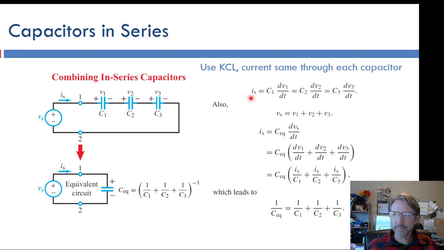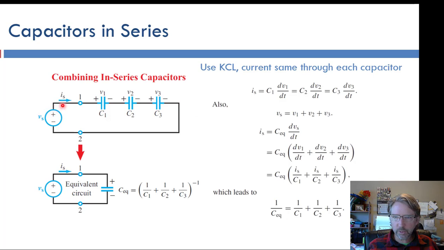And so IS is here, and I is C dV/dt. They each have a different voltage across them, so C1 dV1/dt, C2 dV2/dt, C3 dV3/dt. Those are all equal to each other, same current.